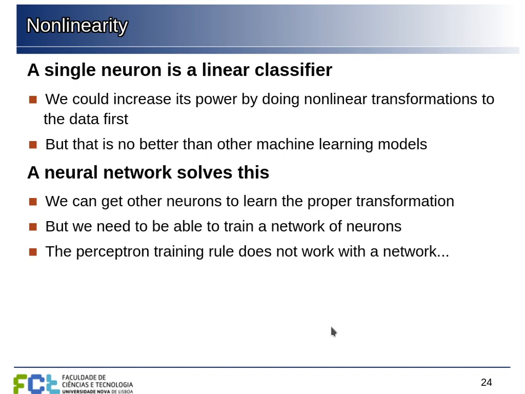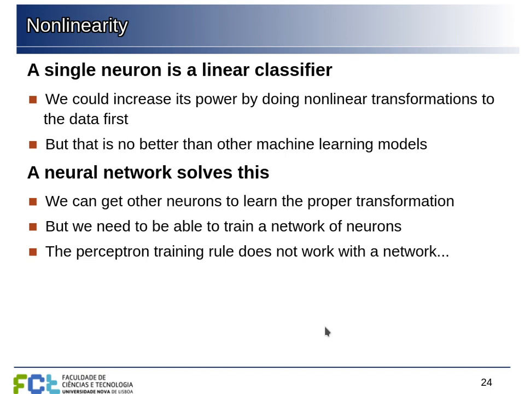Of course, if we have to do this by hand ourselves, then this is no better than any other model like logistic regression. The big advantage of a neural network is that we can get neurons in previous stacks, in the first layers of the network, to learn the proper transformations, so that when the final layer looks at the data after all those transformations, it can solve the problem we want to solve.